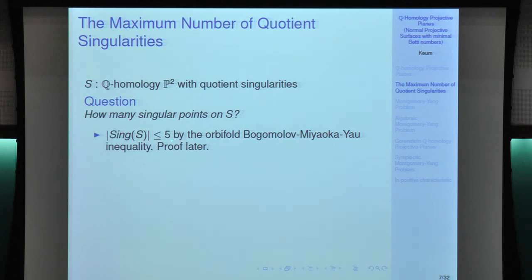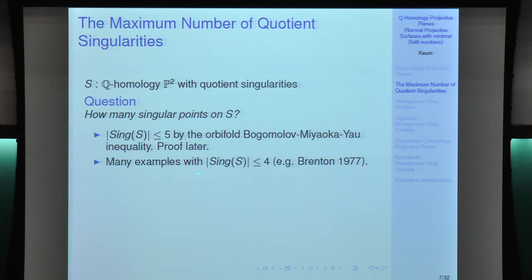This number is bounded by 5 by the orbifold Bogomolov-Miyaoka-Yau inequality, or log version of BMY. Here I use orbifold because I assume only quotient singularities, so this is an orbifold surface. I'll give you the proof later, very quickly.